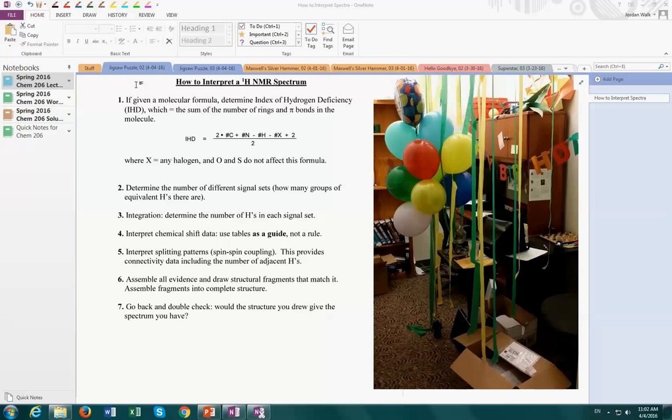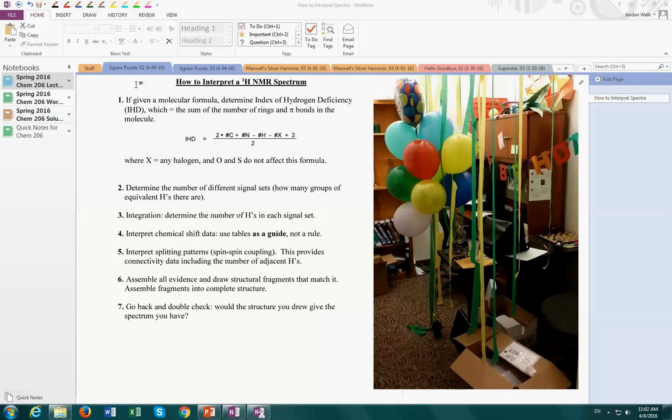All right, we talked about most of these things last week, but there are different sets of signals based on how many equivalent hydrogens there are, so we need to be able to locate the different signals. Each of those signals can be integrated, which tells us how many hydrogens are represented by each signal. Then we look at chemical shift data, which tells us how de-shielded those protons are, giving us clues as to what's nearby.